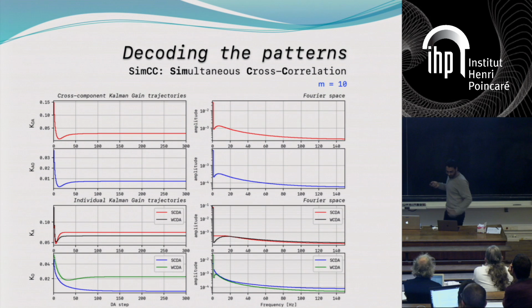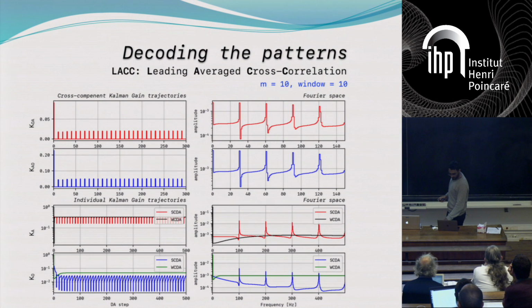So if we take the Fourier spectrum for the case of m equal to 10 for the SIMCC method, which is the normal strongly coupled, and the leading average, you see what the windowing does. It gives your system tiny impulses at all times, which manifest in the frequency space as excess power and low power around a mean which is defined by the weakly coupled. So the difference between the strongly coupled and weakly coupled is simply the difference of the sum in Fourier space.